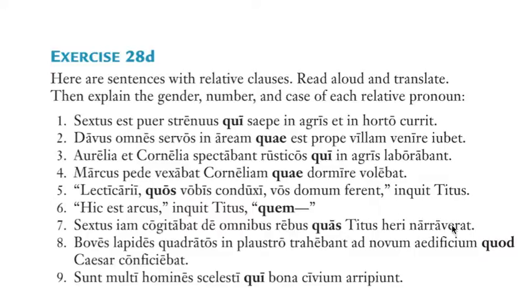Titus had told which, or Titus had told these things. So we have a direct object, we have a feminine word, and we have a plural, all taken from the antecedent rebus here. And so now you can see it's not always going to be a who, but here a which, and sometimes a whom.